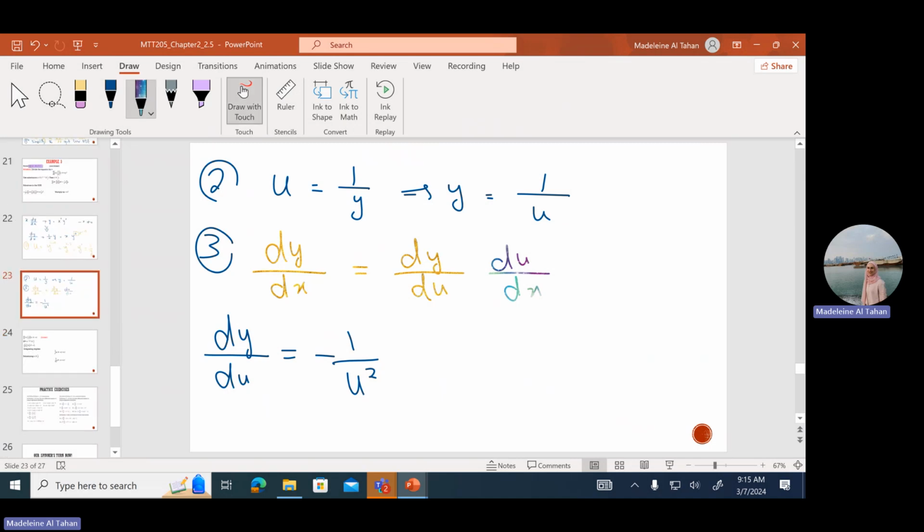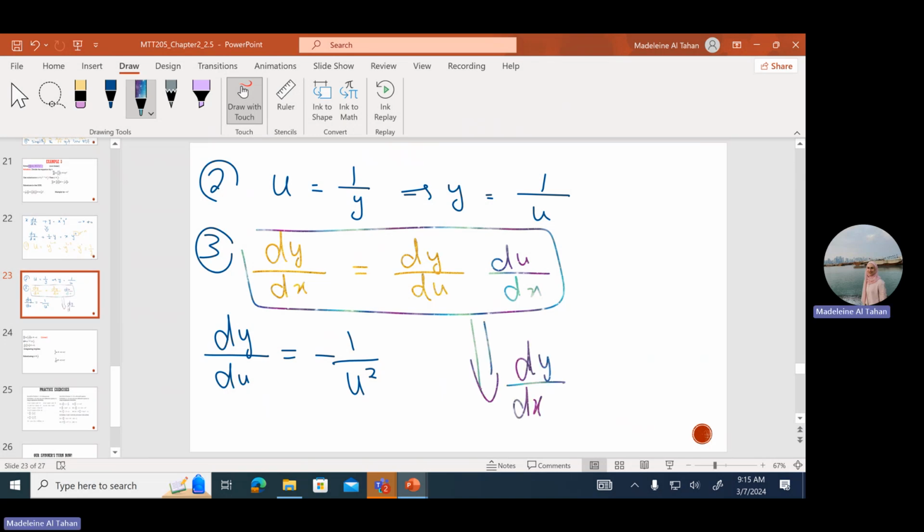What will we get, miss? dy by dx. Instead of it, what will we put, miss? Minus 1 over u squared, and here du by dx. Or if you want, miss, y equals 1 over u, derivative is minus u prime over u squared. You can do it.